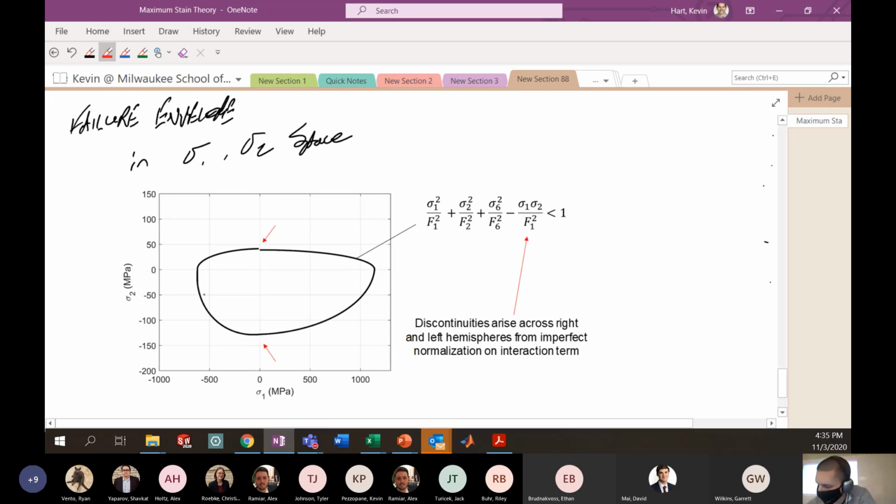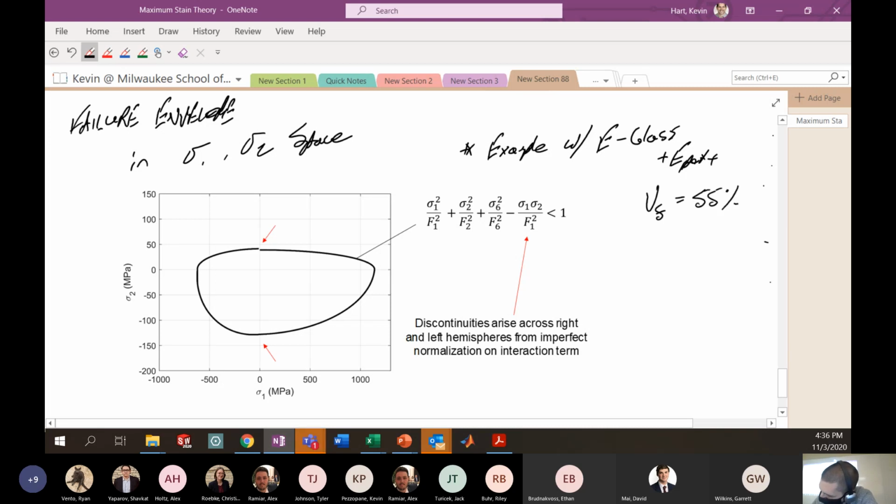So here, if you're inside of here, obviously, you're safe. This specific graph is for an E-glass epoxy composite with a volume fraction of 55%.